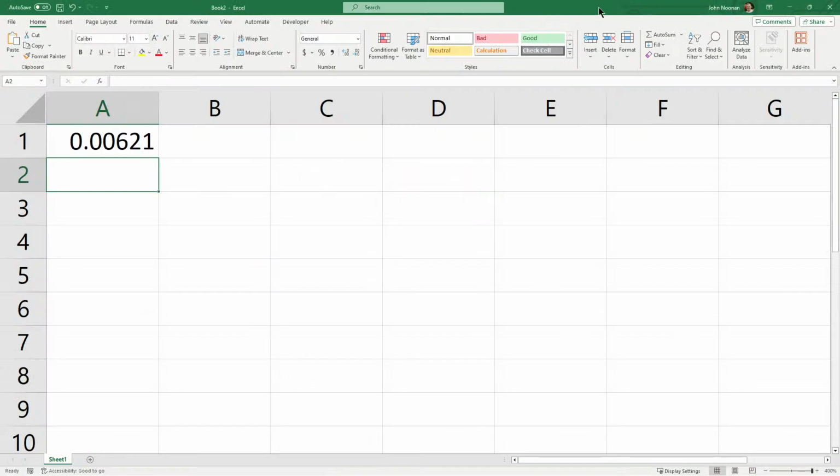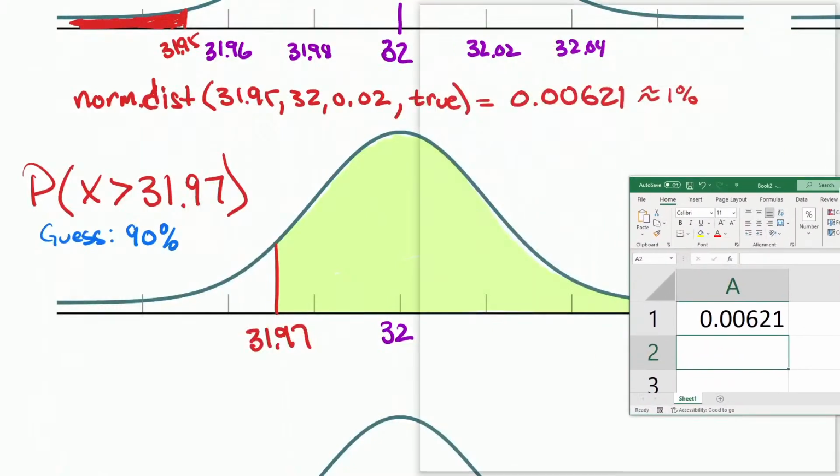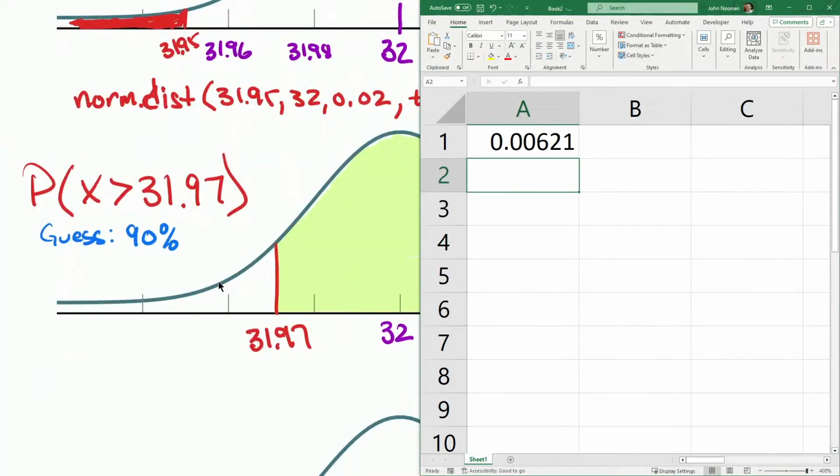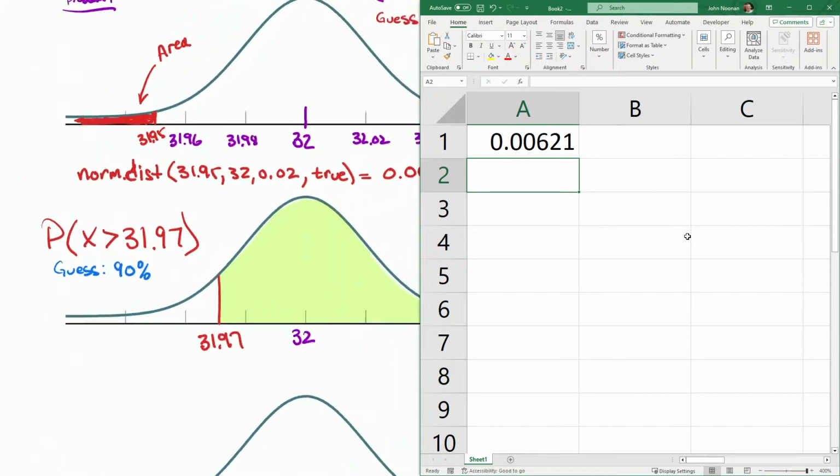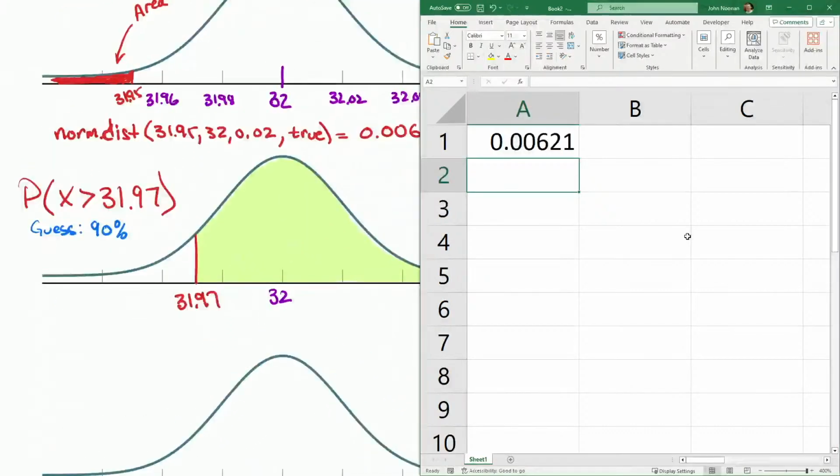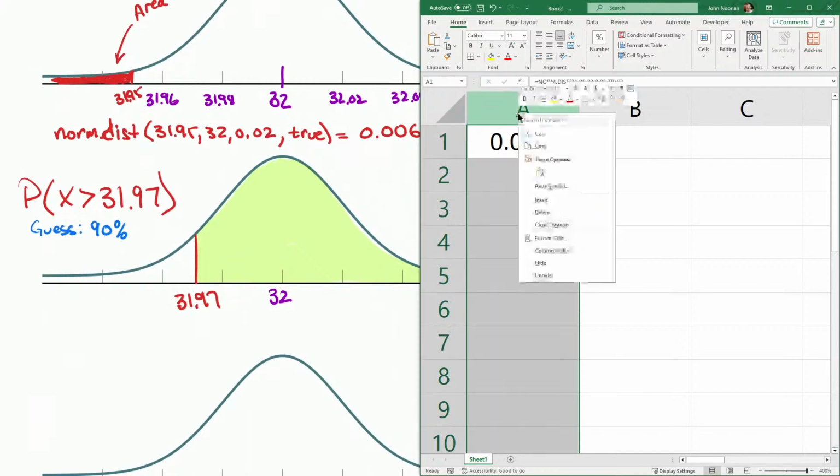Okay, so let's pull up our Excel. I'm going to try to get this so I can see both things. If you're following along, you might want to insert a column.